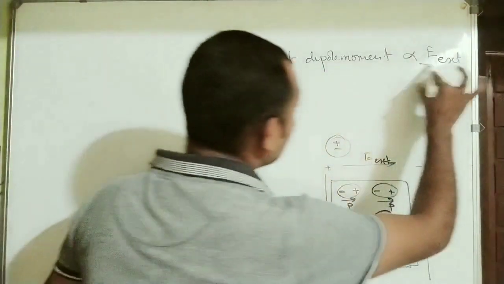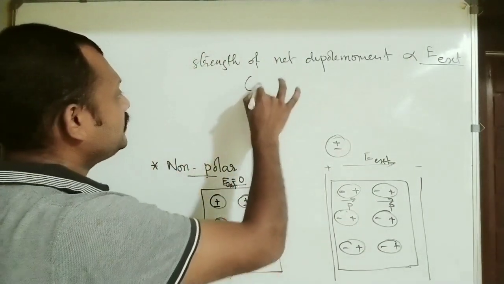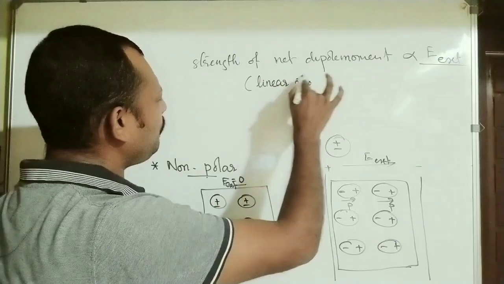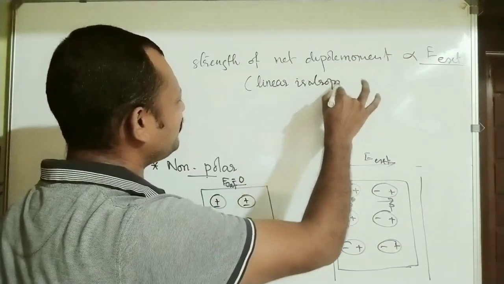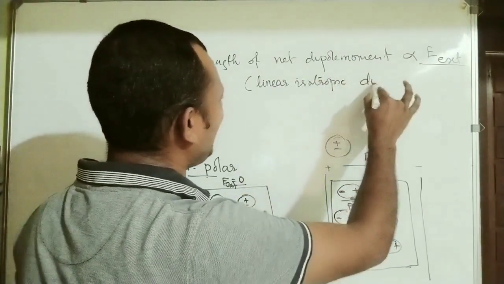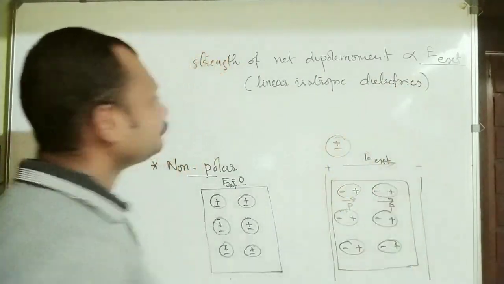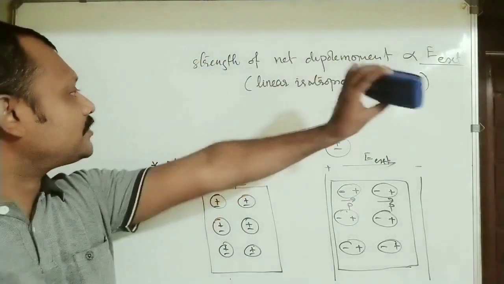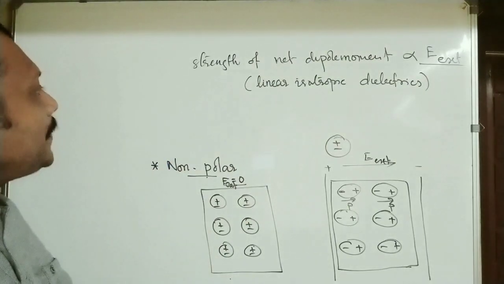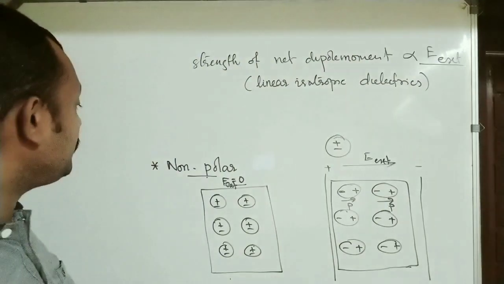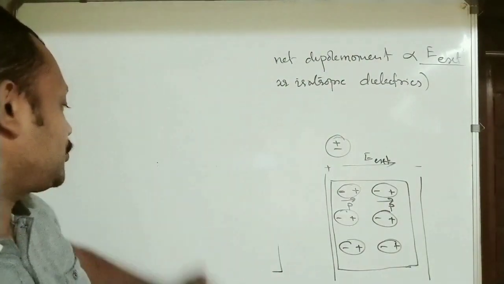If it is directly proportional to the strength of the external field, this is called linear isotropic. Such dielectrics are called linear isotropic dielectrics. We will discuss that later after considering the behavior of polar dielectrics also.